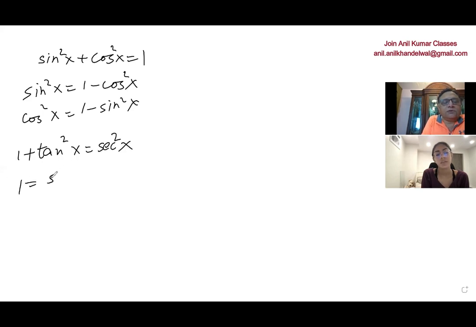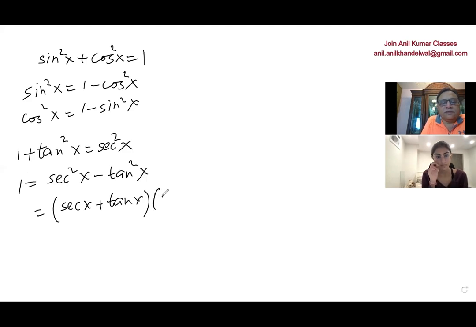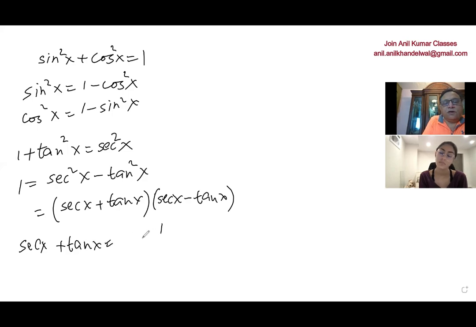Now here 1 is equal to the difference between secant square x and tan square x. But this can be written as a product of sum and difference. And therefore, we can write the sum of secant x and tan x as 1 over the difference of secant x and tan x.